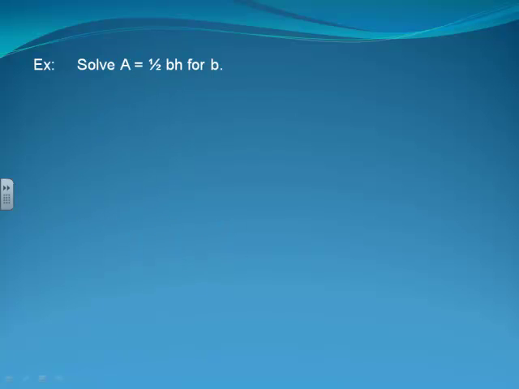All right, solve A equals 1/2 times b times h for b. Now there's a couple of different ways you can do this problem. I think the easiest way is to look at this side first. 1/2 times b times h is the same as 1/2 times b over 1 times h over 1.